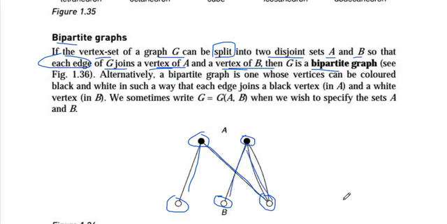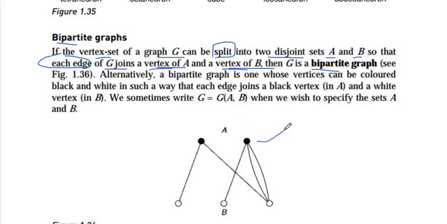Each edge is connected from an A vertex to a B vertex. Okay, none should remain. It's called a bipartite graph.